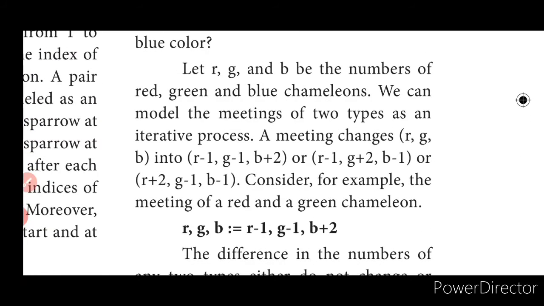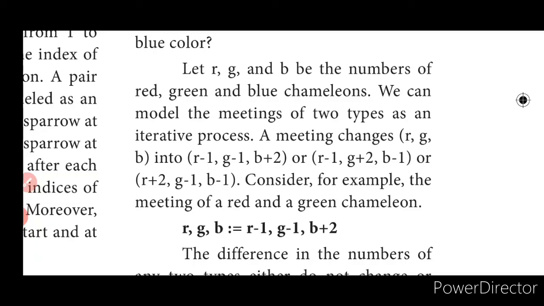Let R, G, B be the number of red, green and blue chameleons. We can model the meetings of two types as an iterative process. A meeting changes R, G, B like this: one from red, one from green has to be reduced and they have to be added to blue.